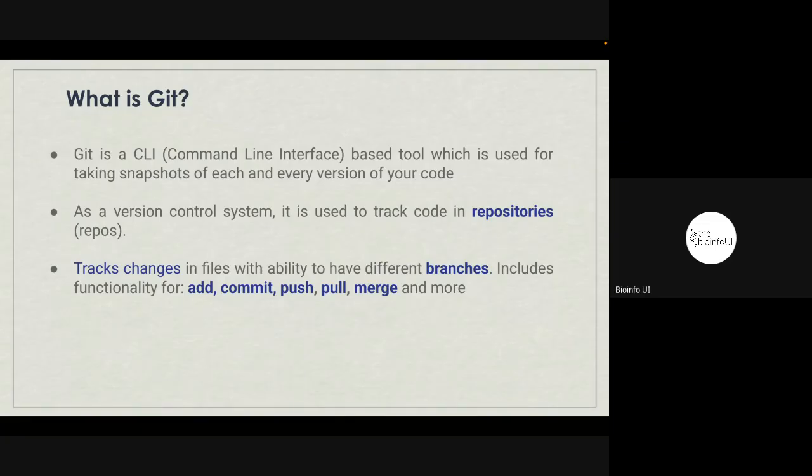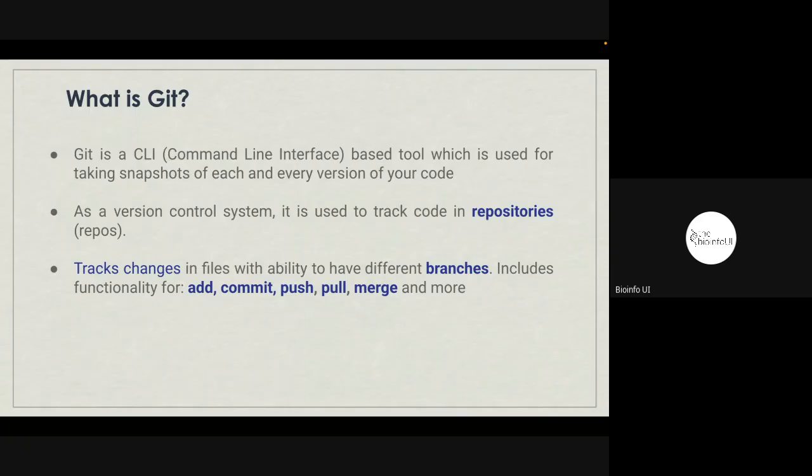It's a good means of documenting whatever we do. Going forward, we'll even get to see why it's also good in terms of collaboration. Let's say we have many people with access to a particular repo, and you want to keep track of whatever change each person makes to that repo. Git helps us to do that.